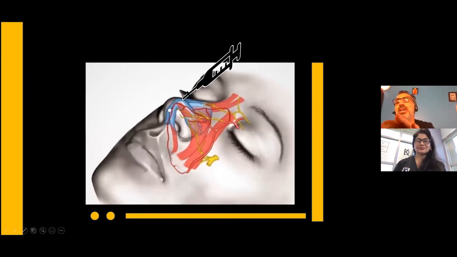You can see here, this is the columella artery. This is the lateral nasal artery, and this is the dorsal nasal artery. Here we have some anastomosis. So if we stay in the middle line of the nose, we almost get out of the lateral nasal artery, but we work where the columella artery is.